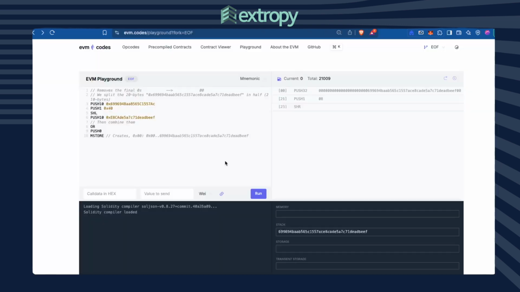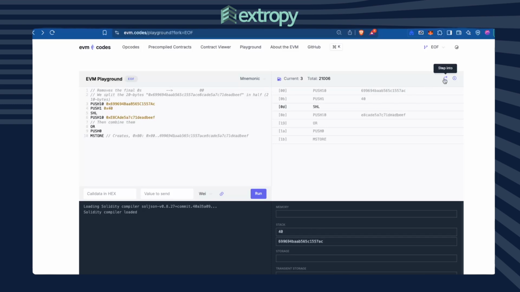So what we get then, we've now put it into two parts, as you can see here. We can put that onto the stack. We have to shift left initially, so that we've got space for the rest of the address. We then put the other half of the address on the stack.